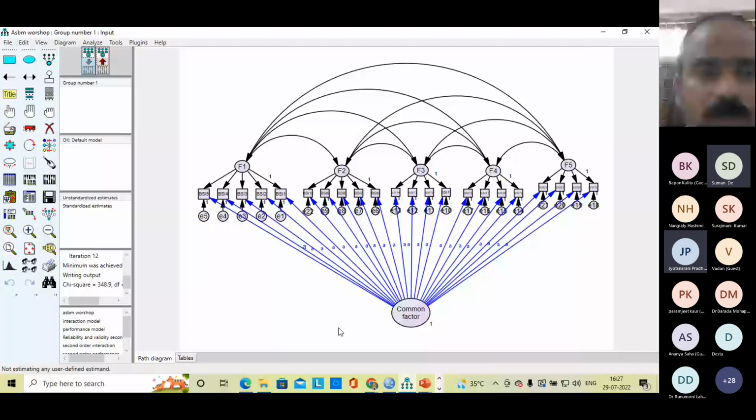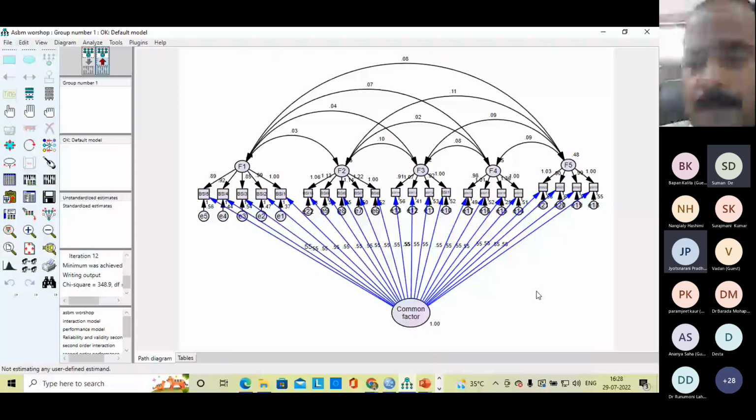Look at the values. All the values become 0.55. Once all the values become 0.55, what do we need to do? We need to know the variance. Variance means make it square, very simple.